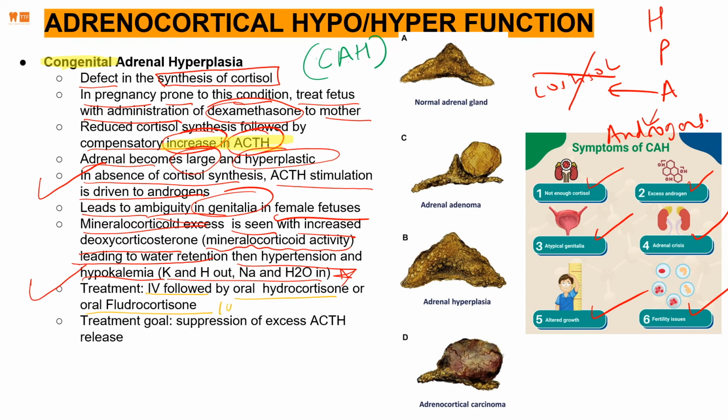Remember, fludrocortisone has a glucocorticoid activity of 10 with a ratio of 125 mineralocorticoid activity as well. The treatment goal is to suppress the excess of this section here. Therefore, androgens can be protected. Okay.